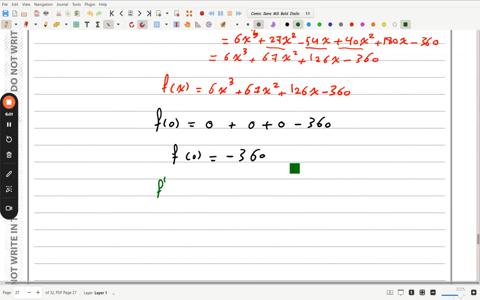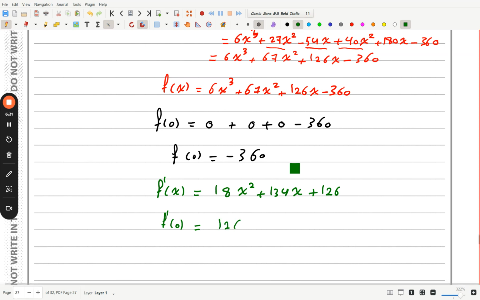So f prime of x, the derivative of f of x, equals 18x to the power of 2 plus 134x plus 126. Now also we need to find f prime at the point 0, which is equal to 126.